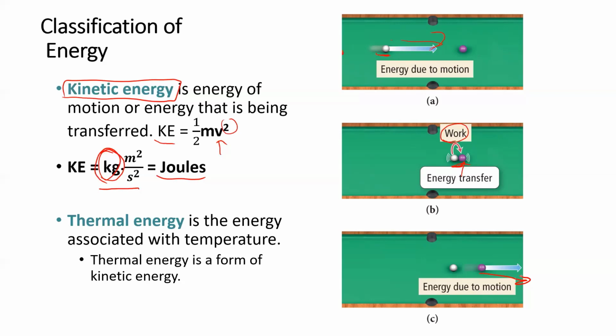When particles move faster, they have more heat, and that heat can be transferred, right? So another example is if you rub your two hands together really fast, as you move faster, your hands get hotter. Well, it's the same thing. Kinetic energy: as the billiard ball moves faster, it has more kinetic energy. Heat or thermal energy: as the particles move faster, they have more heat, more energy, and they can transfer that energy to cooler systems.